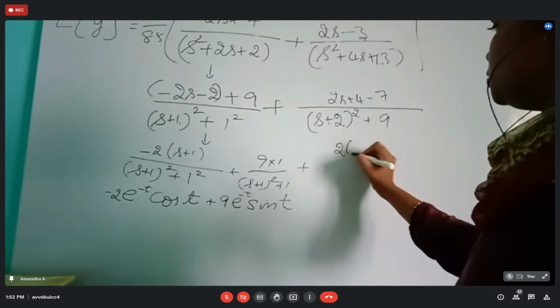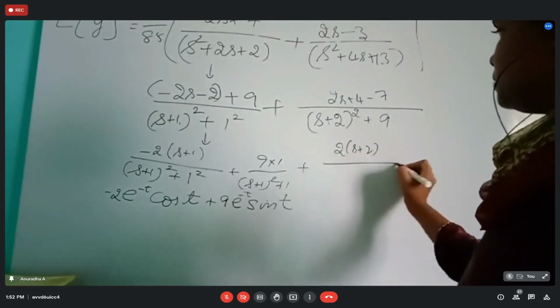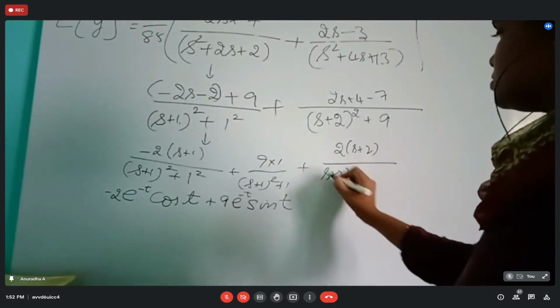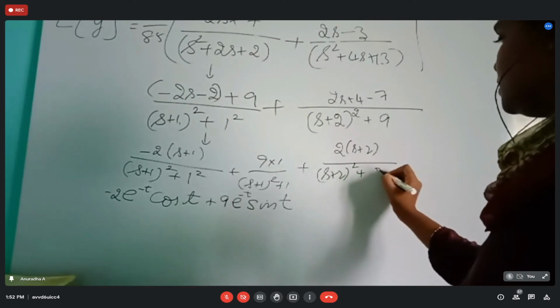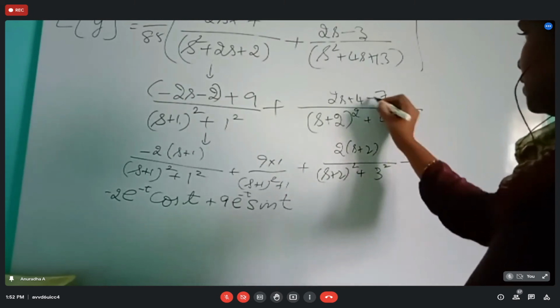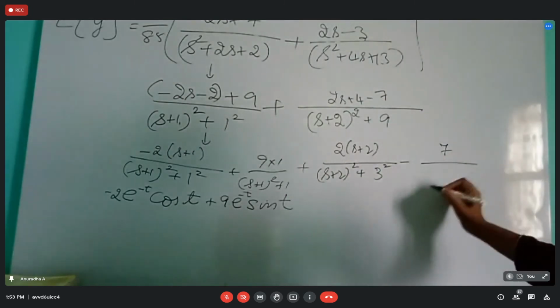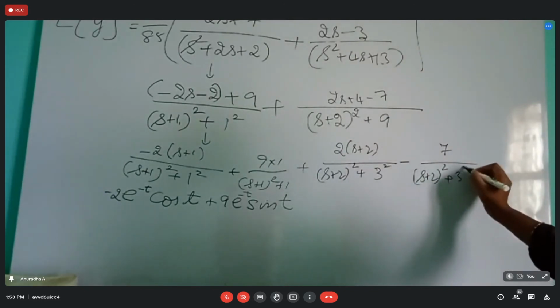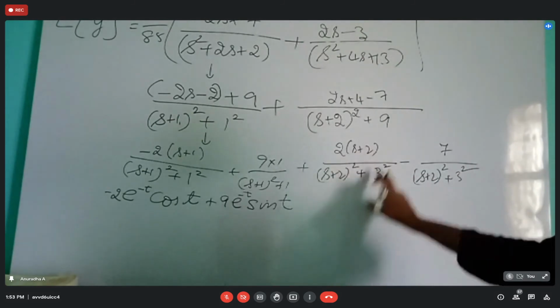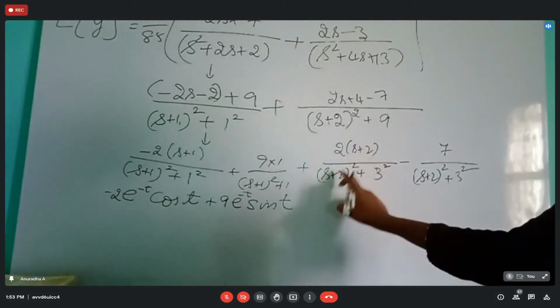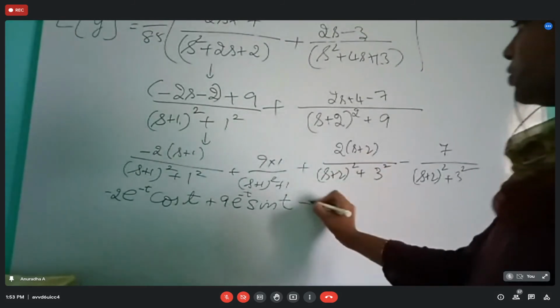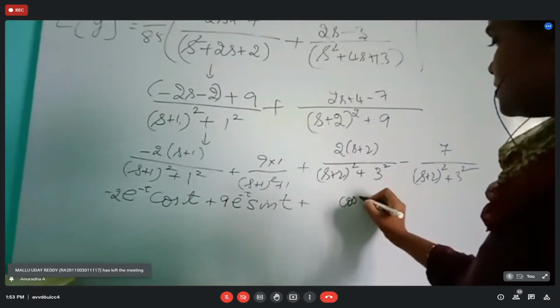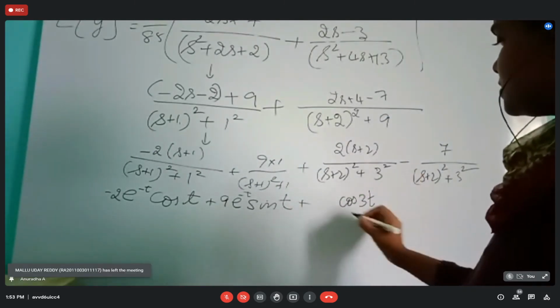It will come as 2 into s plus 2 by s plus 2 whole square plus 3 square, minus 7 by s plus 2 whole square plus 3 square. What about here? It is s by s square plus a square, so again cos 3t now because 3 square is there.